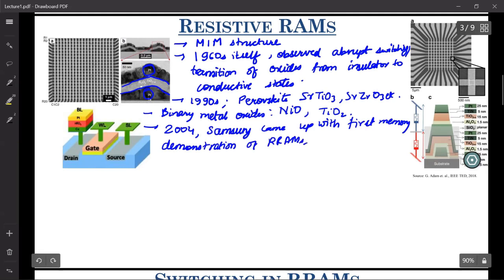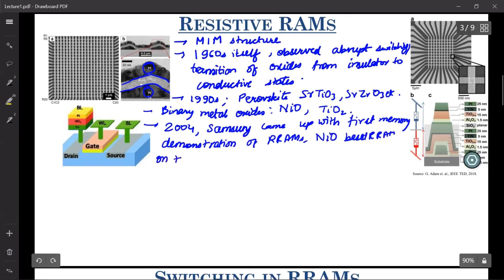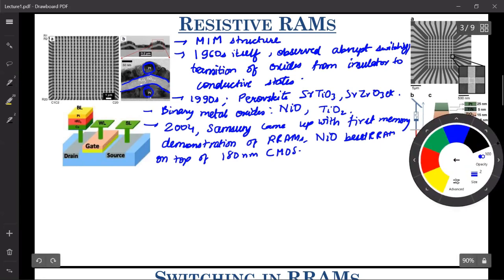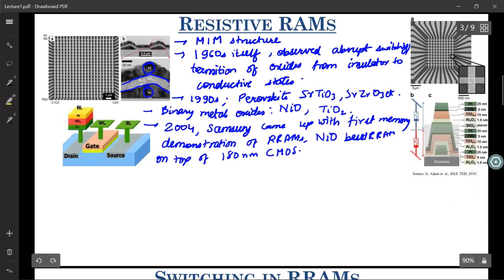What they did was they used a nickel oxide based RRAM on top of 180 nanometer CMOS technology. And this kind of revolutionized this field. This was the first demonstration and it brought attention back to resistive RAMs. Then people started experimenting with different metal stacks and all those things.